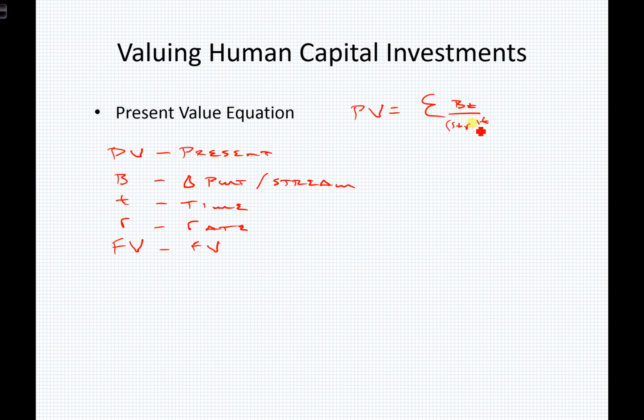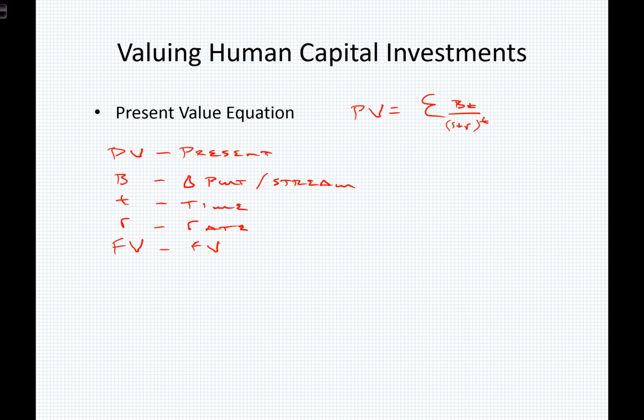The r is the rate variable that's expressed in its decimal equivalent, so 5% would be 0.05. In the numerator, the t is simply a subscript. It's not an operator at all. It doesn't do anything. It just helps us identify this stream or change in payment at the same time that we're evaluating for the t in the denominator.